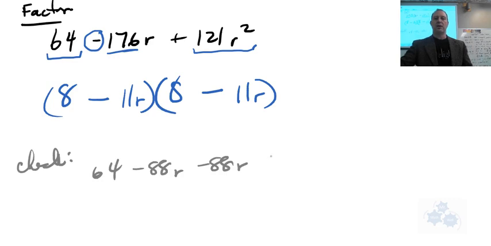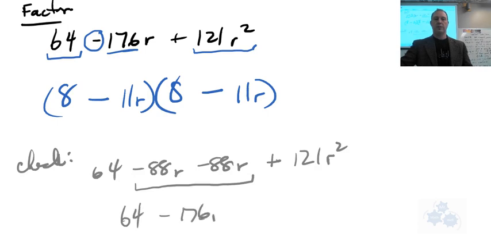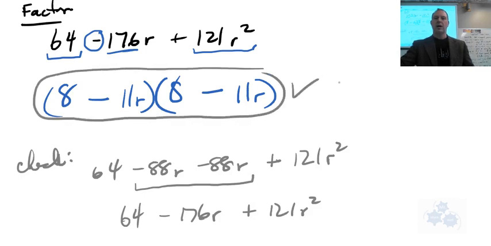Negative 11r times negative 11r is plus 121r squared. Negative 88r and negative 88r put together is negative 176r. So you do get the same one. So this is correct right here. Another way to write that would be 8 minus 11r, squared.